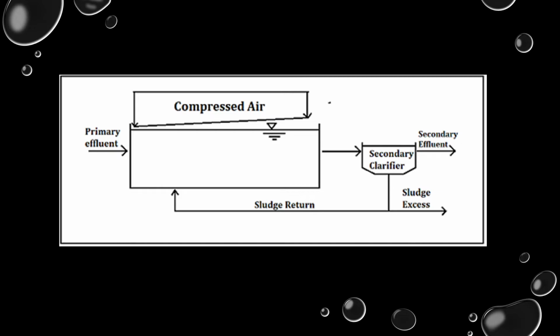So if the diffused air is applied at such a changing rate, it will be called tapered aeration. By tapered aeration, the efficiency of the aeration unit will be increased and it will also result in overall economy.